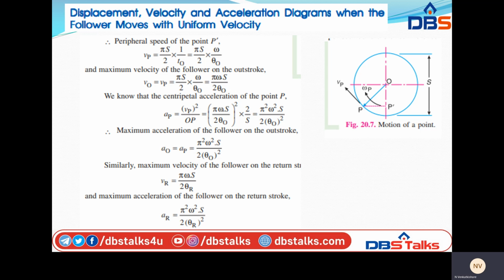centripetal acceleration of the point, AP, is equal to Vp whole square by OP. What is the Vp? That is the maximum velocity at the outward stroke, pi omega S by 2 theta naught, whole square, into what is OP? That is 2 by S. So by calculating all these, we get pi square omega square S by 2 theta naught square, the maximum acceleration.